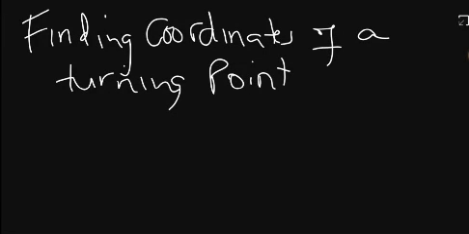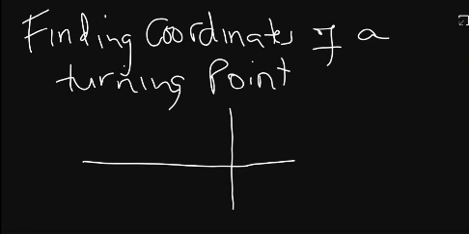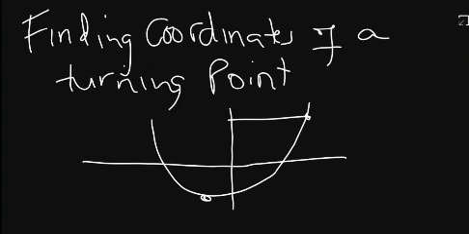So next we'll look at finding coordinates of a turning point. On a curve, the turning point of the curve is a point where the curve is making a turn going to the other side of the x-axis. So our y-intercept, like we said, is a point here, where the curve is cutting the y-axis.